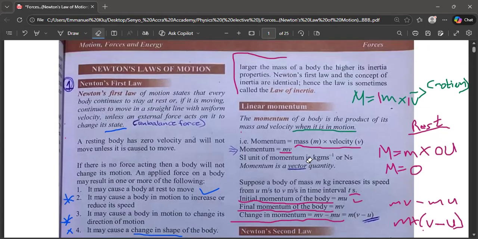Is that clear? Let's assume that air is blowing, and all of a sudden a ball started rolling on your compound. I can see a football in your house. So let's say that football, with air blowing, all of a sudden started moving at a velocity of 2 meters per second.